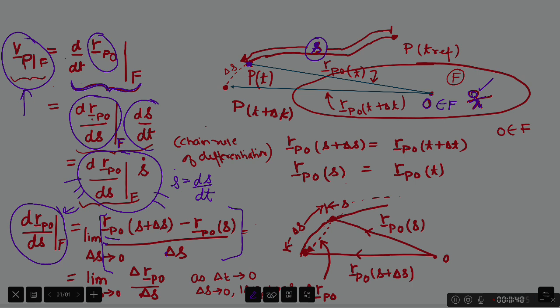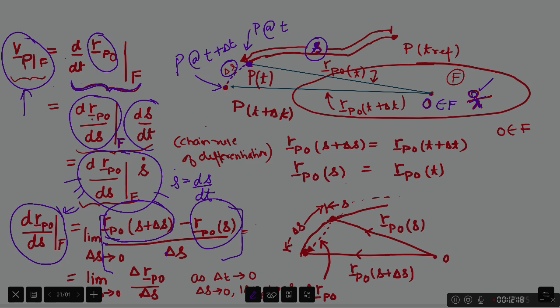Now these two vectors, RPO at S plus delta S and RPO at S, have been shown on this diagram. So this is the position P at t, and this is the position of P at t plus delta t. During this time, the particle has traveled an additional distance delta S, and that trajectory is shown as dashed lines here.